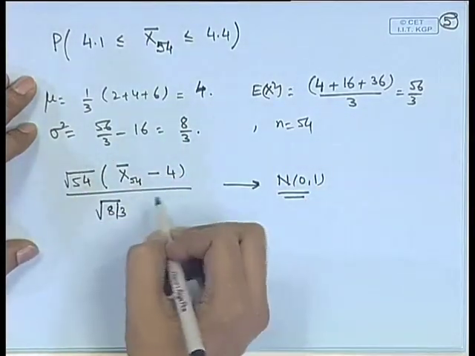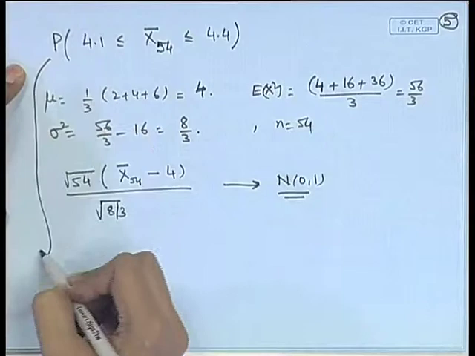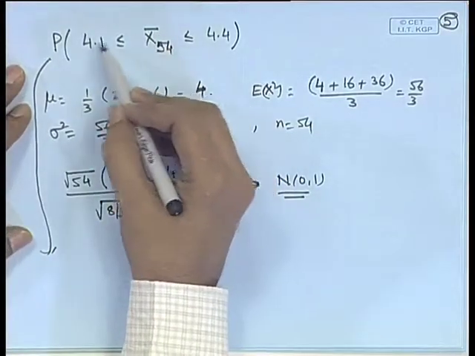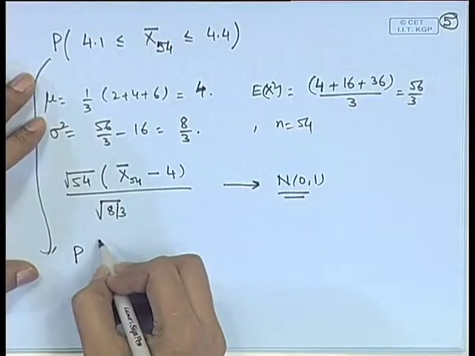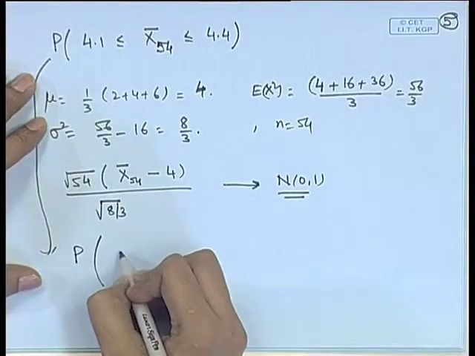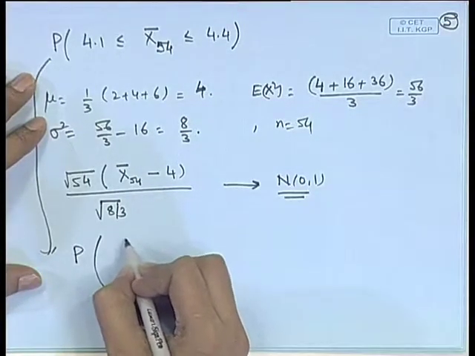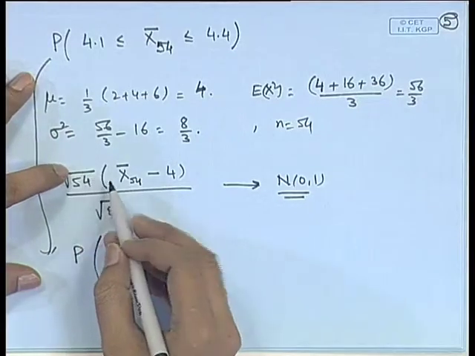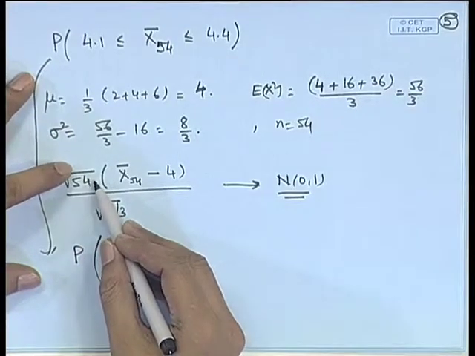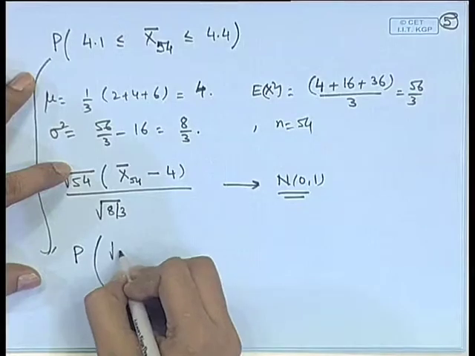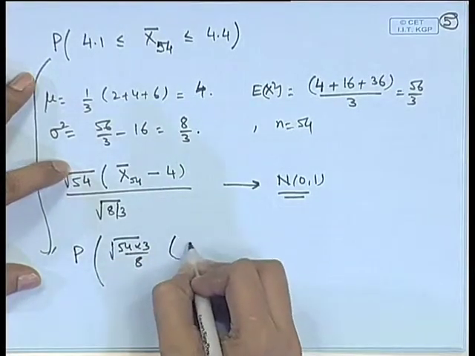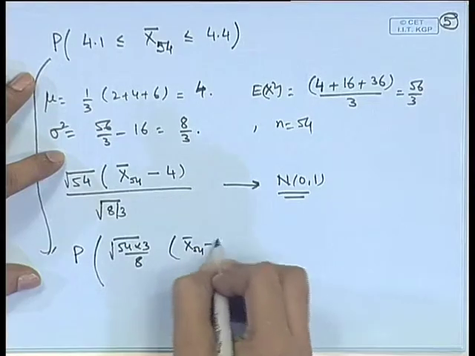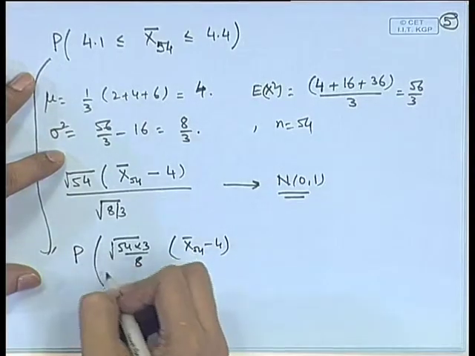So, if we use this property here, the probability of X̄_54 lying between 4.1 to 4.4 is approximately the same as, so root of 54 we may take to the numerator. So, it becomes root of 54 into 3/8 into (X̄_54 minus 4).